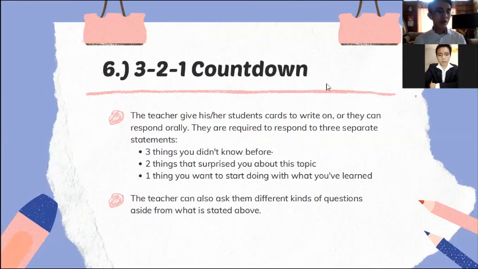So we can apply this in assessing prose in a way that, for example, number 3, 3 things that the student finds disappointing in the story The Fence. For number 2, 2 things that surprised me in the story, and then 1 thing I've learned and would want to apply in real life from the story.